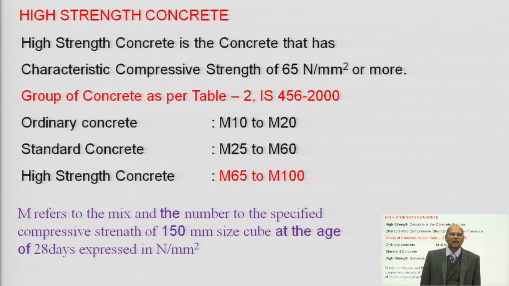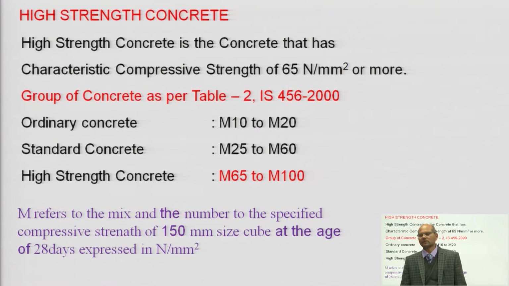So high strength concrete, how can you define it? High strength concrete is the concrete that has a characteristic compressive strength of 65 Newton per mm square or more. This is the definition given in IS 456:2000, amended in 2013. They have divided concrete into 3 groups.